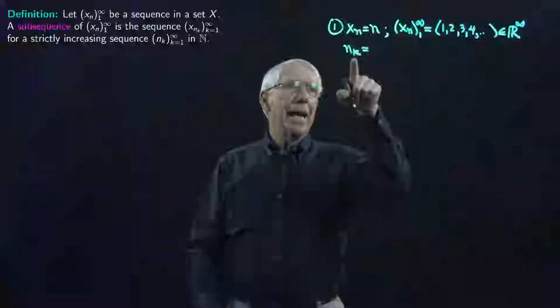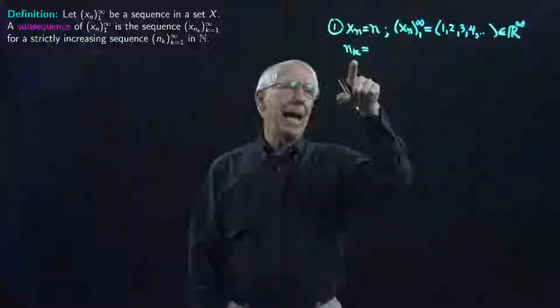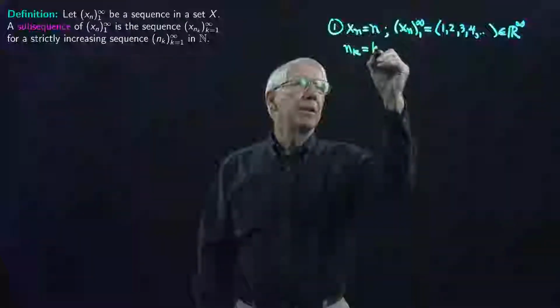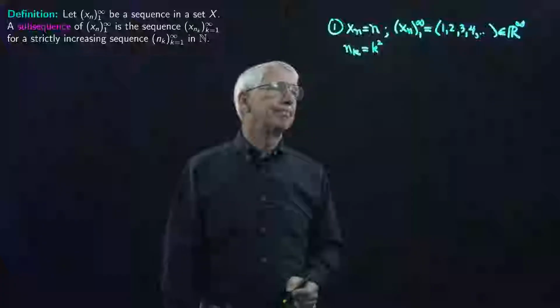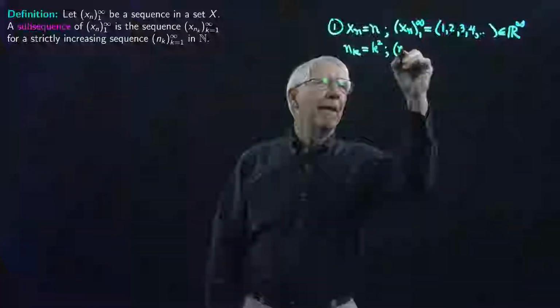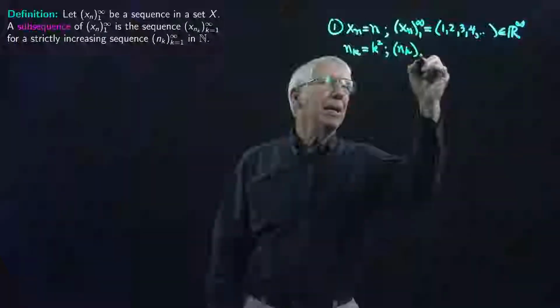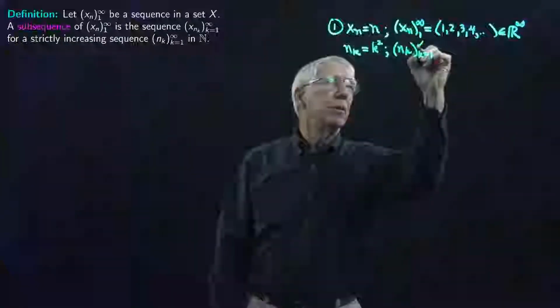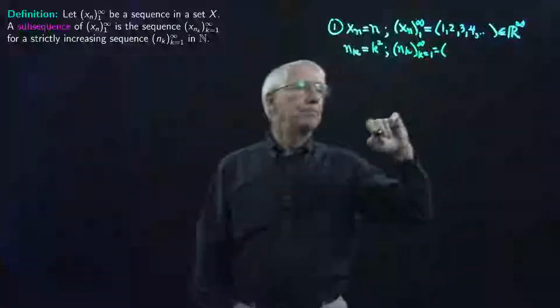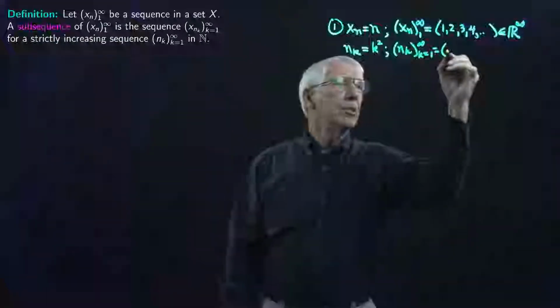So let's say n sub k is k squared. That tells me that n sub k, where k goes 1 to infinity, is: when k is 1, this is 1.